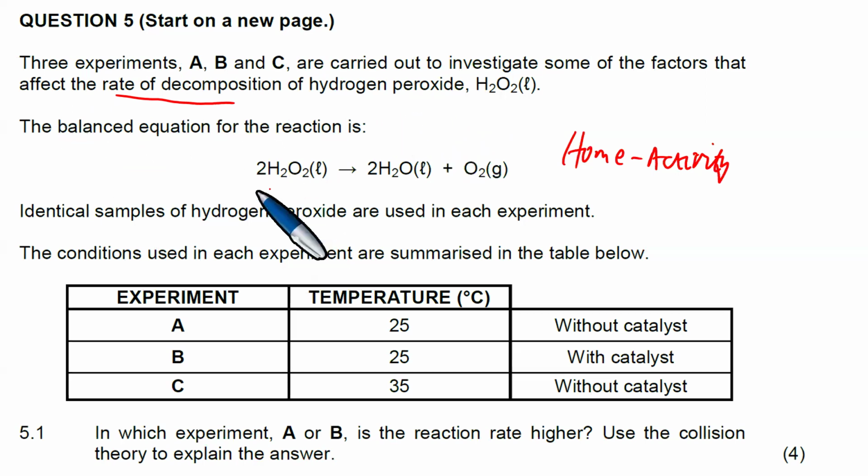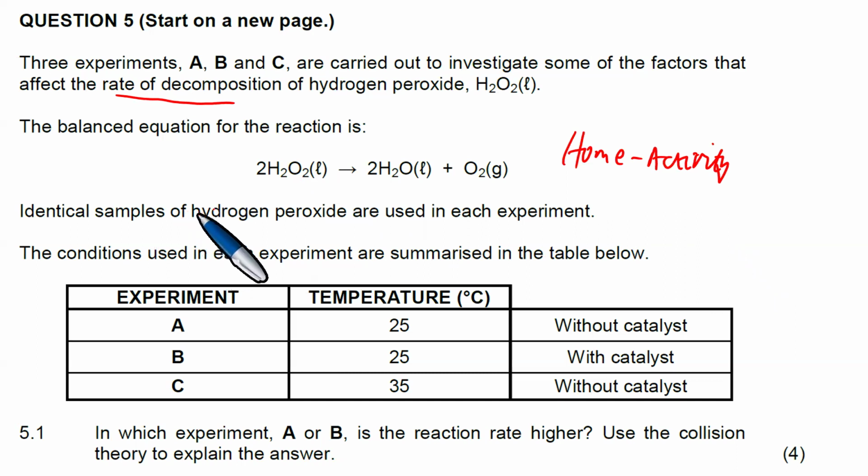The balanced equation for the reaction is this one. So the hydrogen peroxide breaks down or decomposes into... Once again, this is recorded, so I'll send you the recording in a few minutes and then you can watch it.